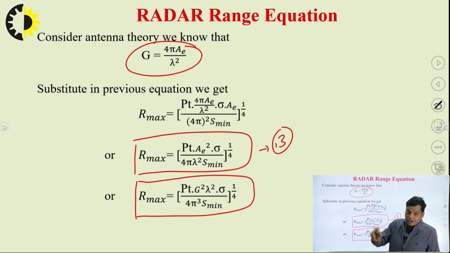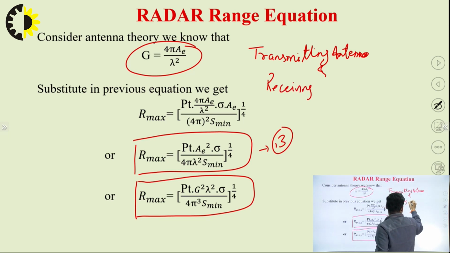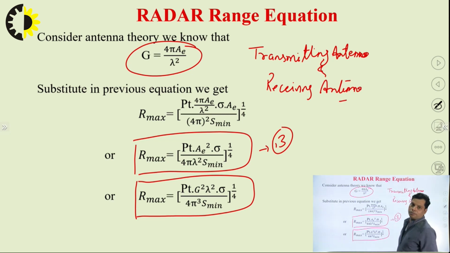We transform from equation A to equation B by considering G equal to 4 pi A by lambda squared, which is only possible when the transmitting antenna and the receiving antenna are the same.